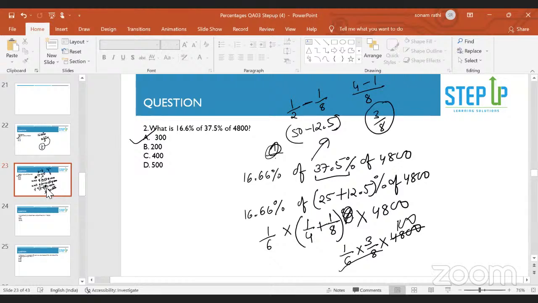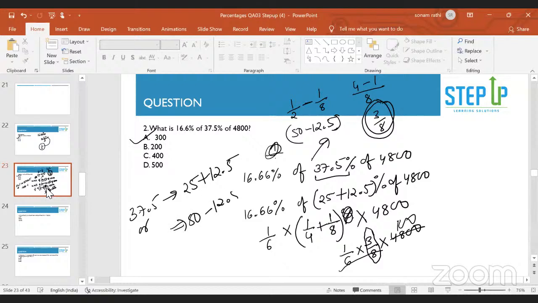Still you will get the same thing. Whatever you are getting here, you will get by that also. So whether you write 37.5 as 25 plus 12.5, or as 50 minus 12.5, same meaning. You will get the same answer. Thank you very much.